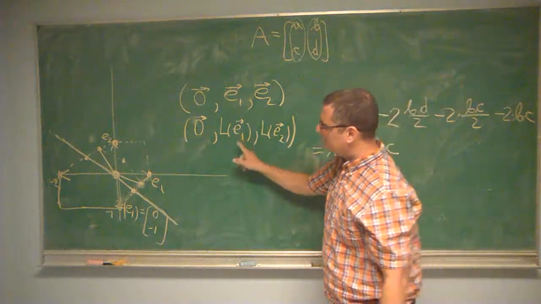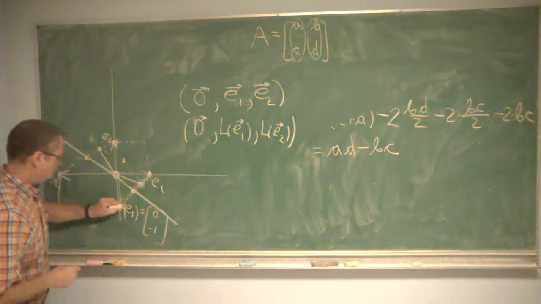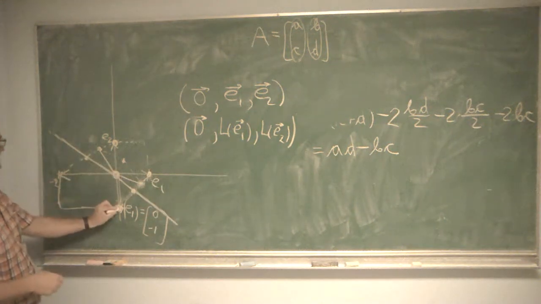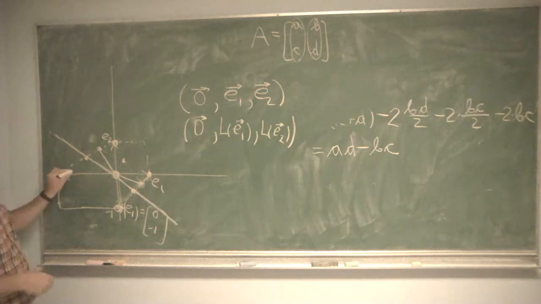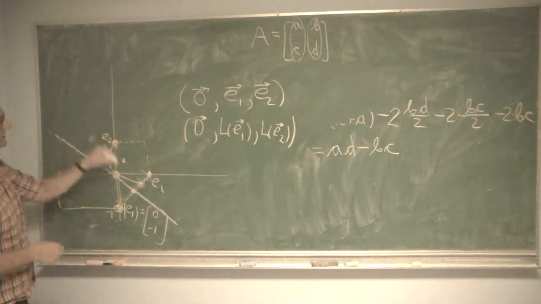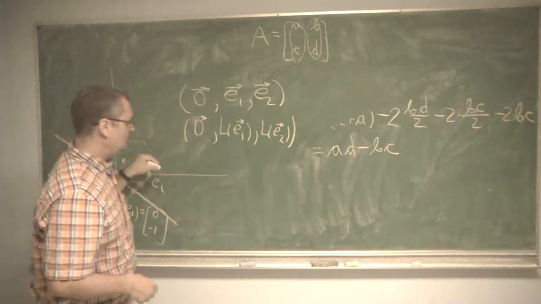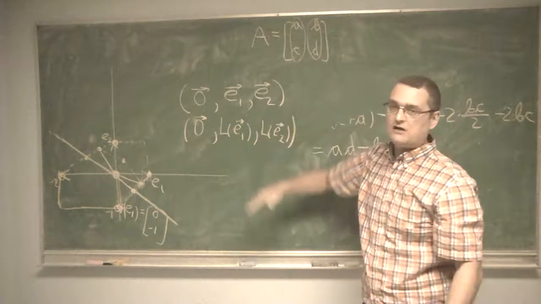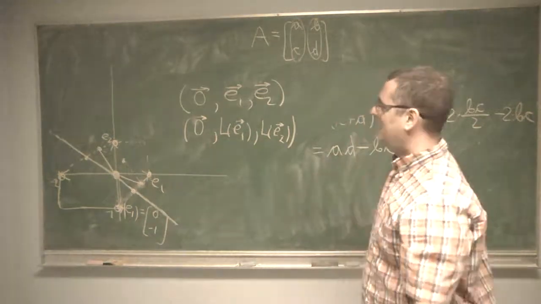So what is L of E1? That's this guy here. So I have 0 to L of E1, so from here to here, and then to L of E2, that's this vector. So I have from here to here to here. So I'm going clockwise now, which is opposite of counterclockwise. So from here to here, I flipped the orientation.